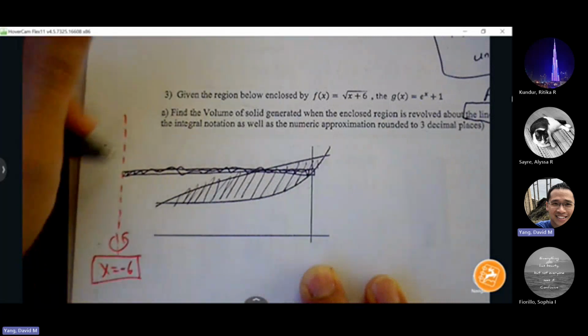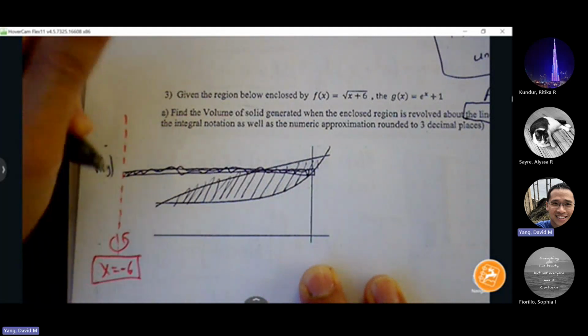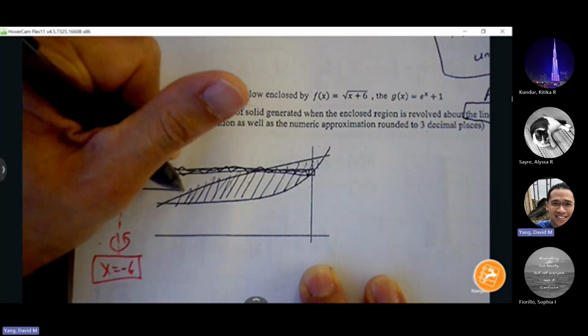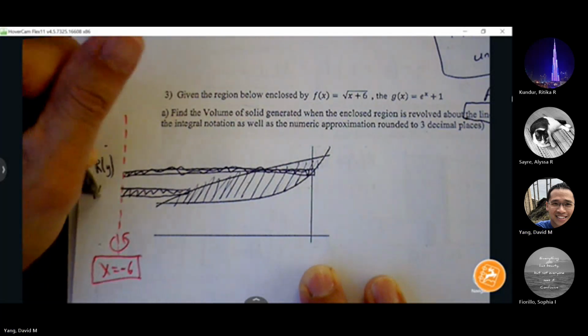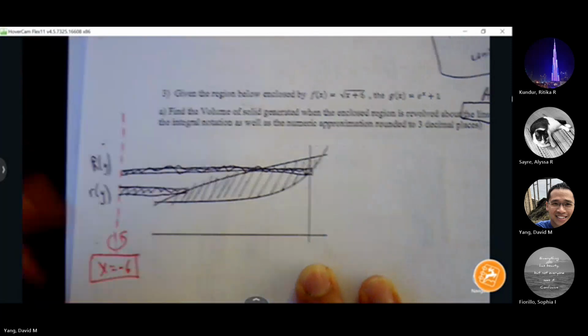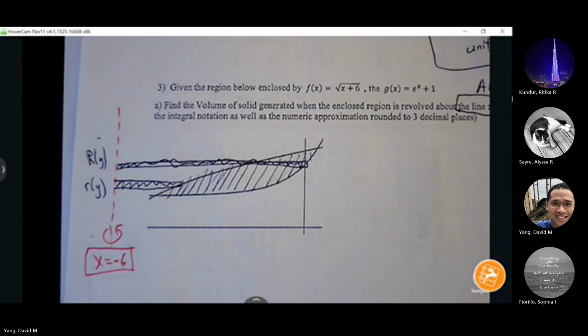And then the little radius will start on the dotted line and extend to the closer boundary. All right, anytime we see a horizontal radius, we know we have to spend the time to rewrite our equations.